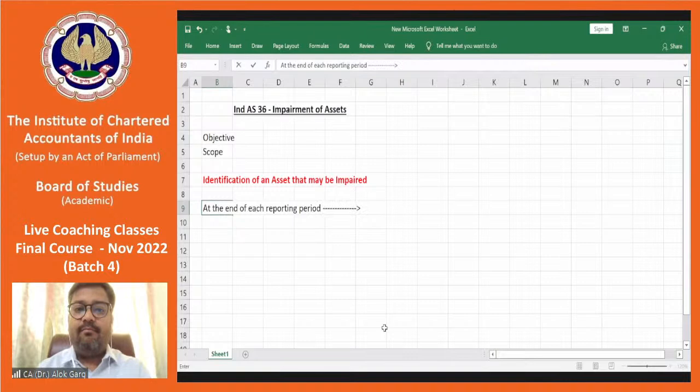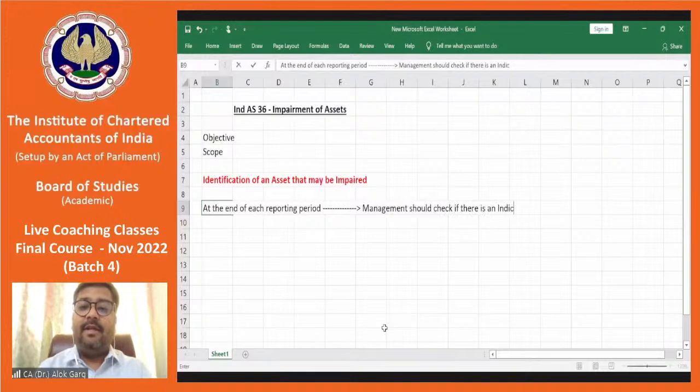management should check if there is an indicator of impairment.